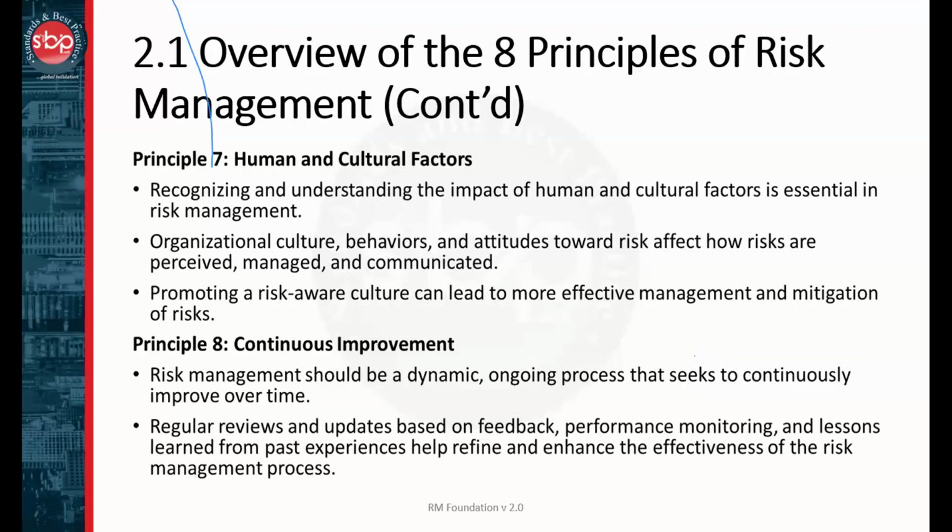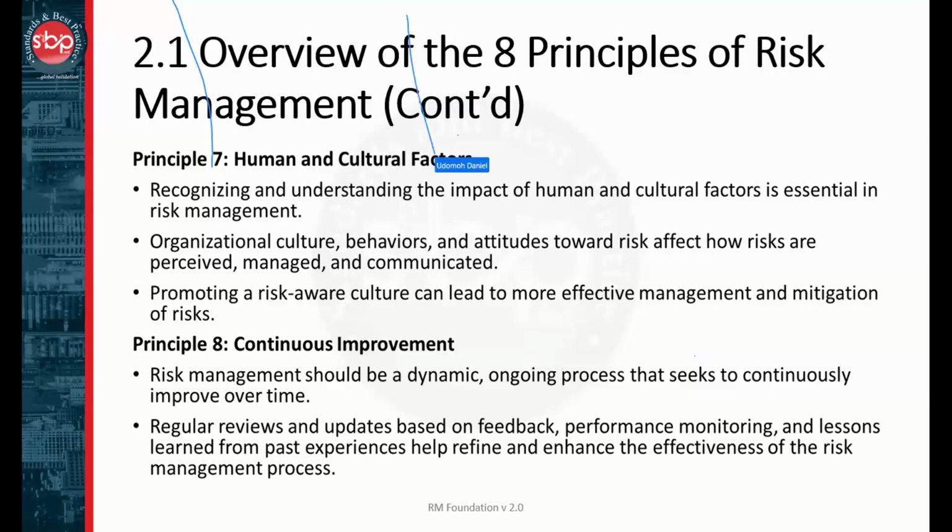And then we have principle 7, which is human and cultural factors, right? Here you're able to understand the impact of human and cultural factors on your organization or your risk management. You know that people are very important. Their behavior, their attitude would definitely influence how you manage risk, influence how you identify risk.